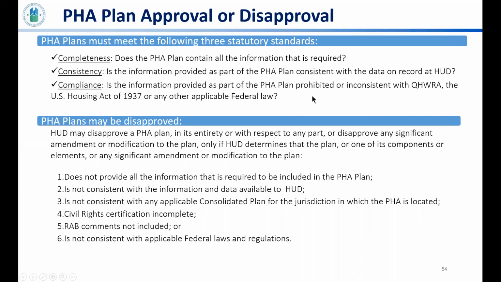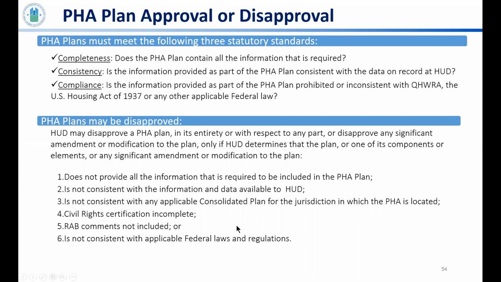These are the questions that we ask ourselves when we're looking at your plan. Is it complete? Is it consistent? And is it compliant? Does it comply with all the regulations that we mentioned earlier? Remember, the governing regulation is 24 CFR 903.